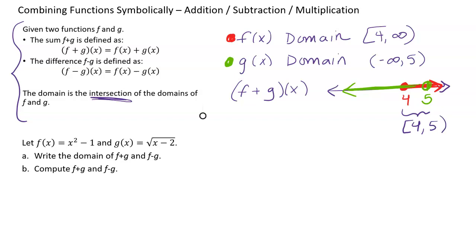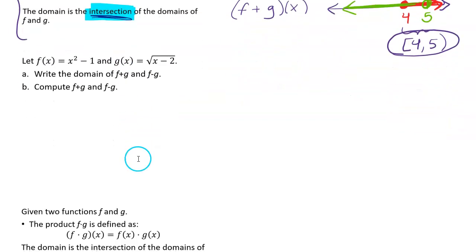And this would be my domain of the combined function where I added f plus g of x. So you always want to think about using the intersection, and that's where your domains will overlap or have those common elements. So let's do some problems together here.